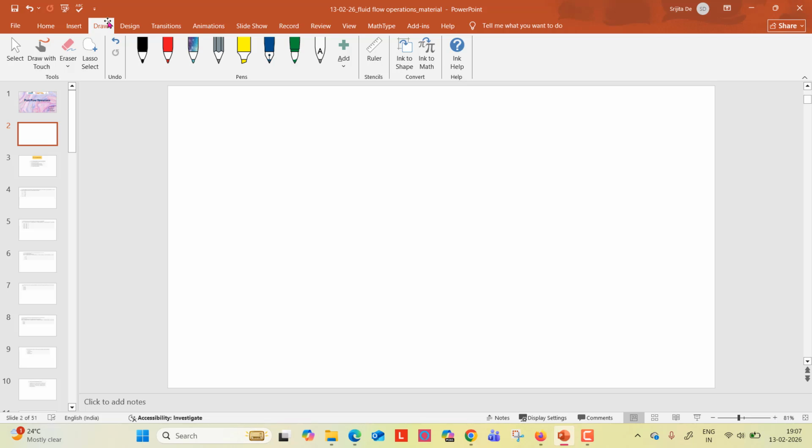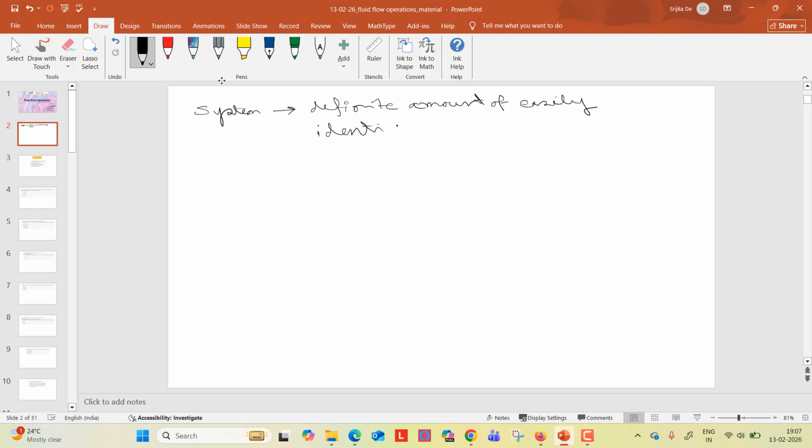So system means definite amount of easily identifiable mass.